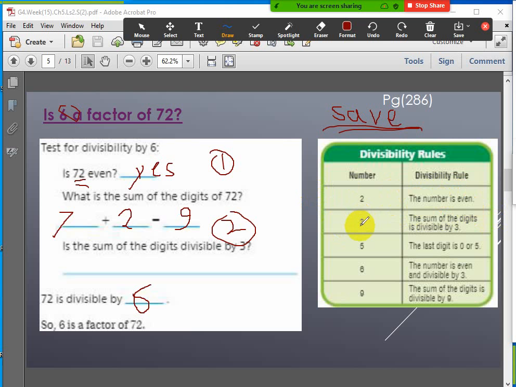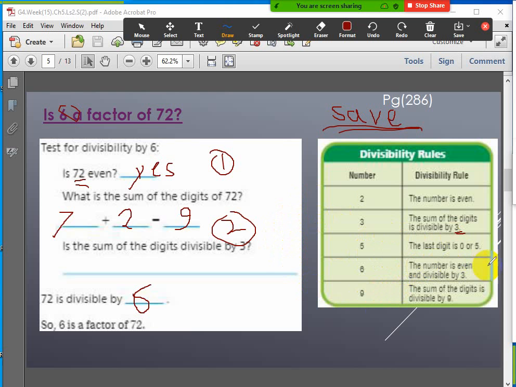If the sum of the digits is divisible by 3, that means this number is divisible by 3 and 3 is a factor for this number. Now, what about 5? If the last digit, the ones digit, is 0 or 5, that means this number is divisible by 5 and 5 is a factor for this number.